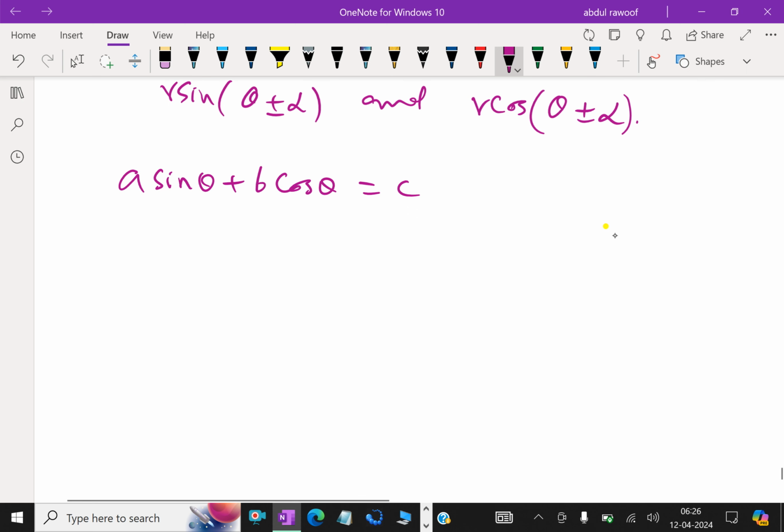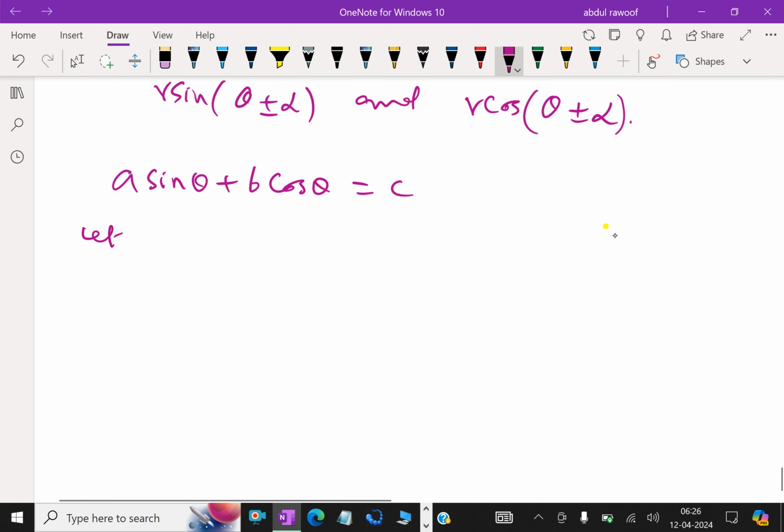Let R sin(theta plus alpha), positive you are taking, equal R into sin theta cos alpha plus cos theta sin alpha. That means the sin(A plus B) formula, which is equal to sin A cos B plus cos A sin B.